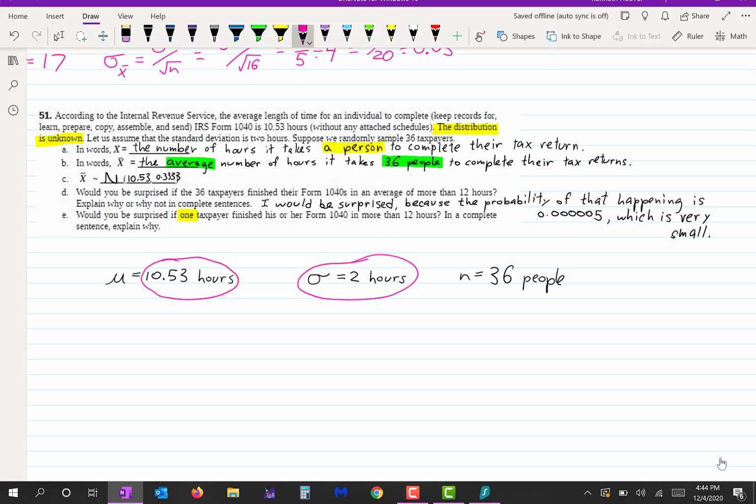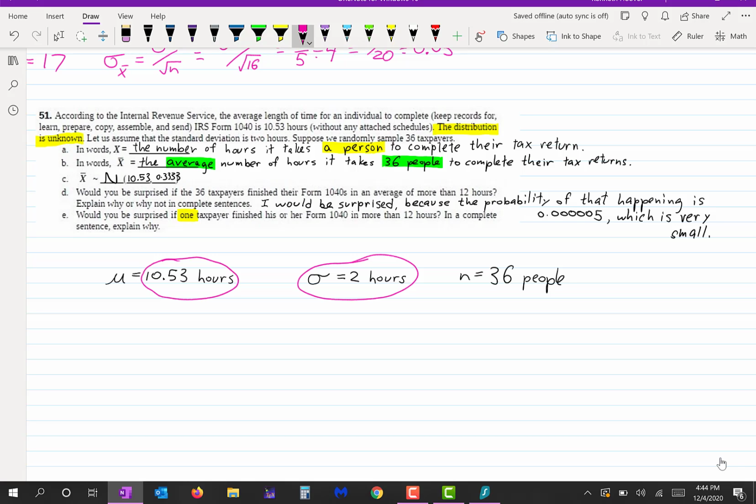So it's not altogether that surprising if one person took longer than, well, what would that be? Let's see. 10.5. I know it says 10.53, but let's say 10.5 for right now. It says the average for one person is 10.5. If somebody took 12, that would only be 1.5 extra hours. Okay? So like I said, that's less than 1 standard deviation.